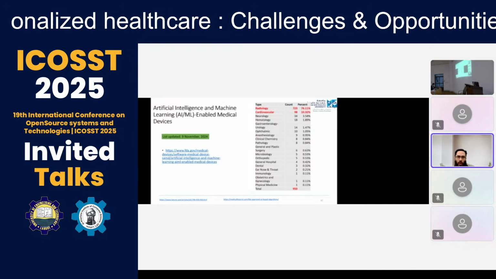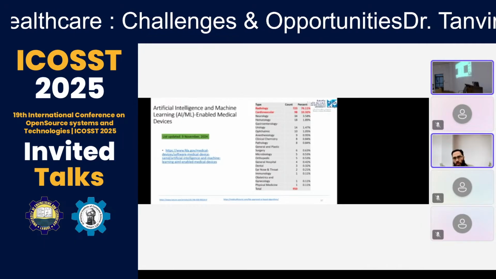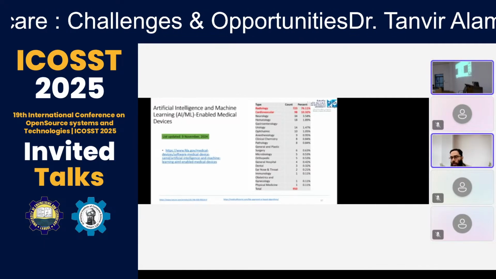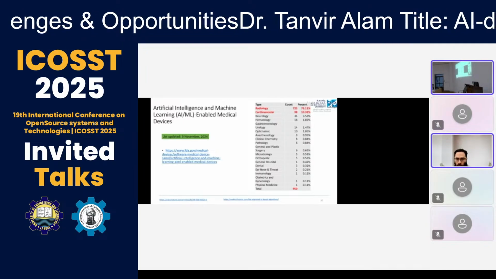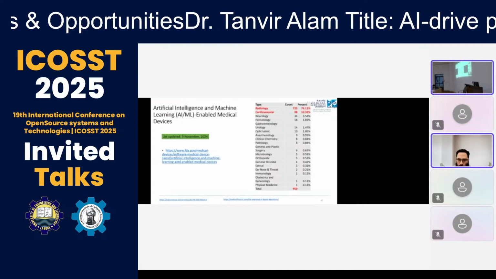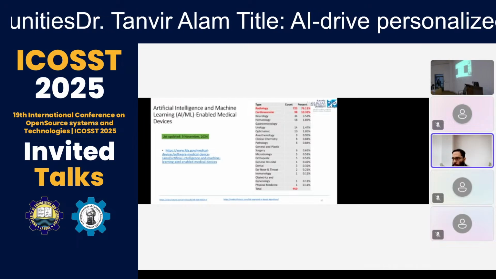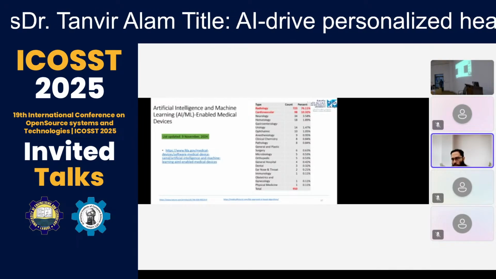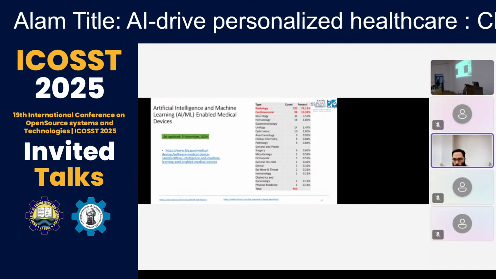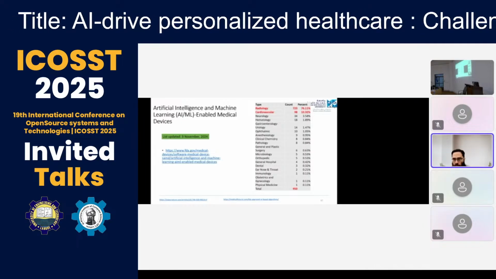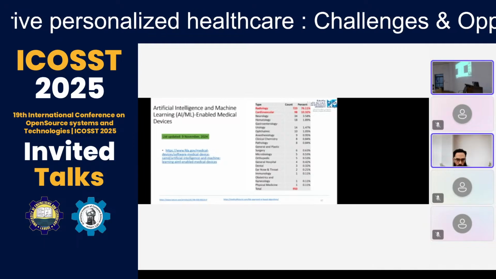You will find only less than 1,000 solutions that have been approved so far by the FDA, which clearly indicates that though we are developing AI models and collaborating with some clinics and hospitals, there is a clear gap between what is done in the lab and what is ultimately transferred as a technology in the market. You can see only 1,000 solutions have been approved so far by the FDA till November last year, 2024.